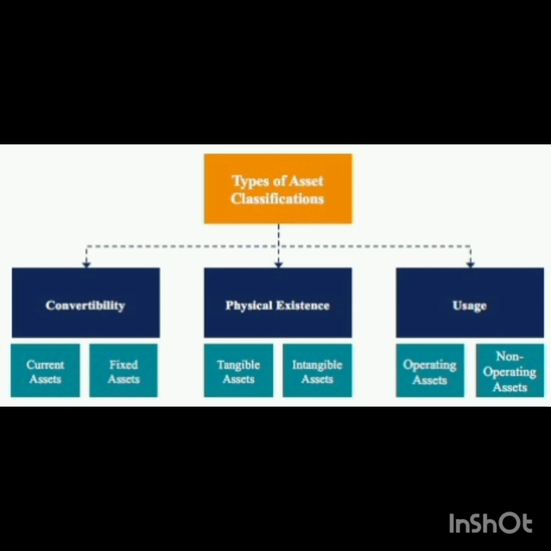Today's lesson is on types of assets. Under types of assets, there are three main categories: convertibility, physical existence, and usage.